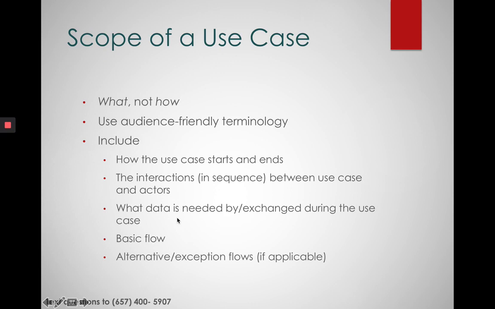What kind of data they exchange, what's needed from the user, what the system does in response to what the user just did, etc. And remember that we always have a basic flow. That is the happy day scenario where everything goes as expected and there are no errors, and it's pretty much the most common way of achieving that goal. And then we also may have alternative flows, an alternate way of achieving the same goal, and or exception flows when something goes wrong.